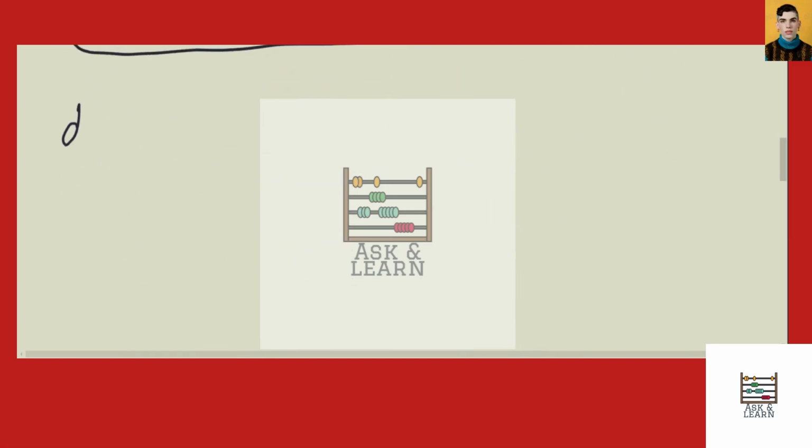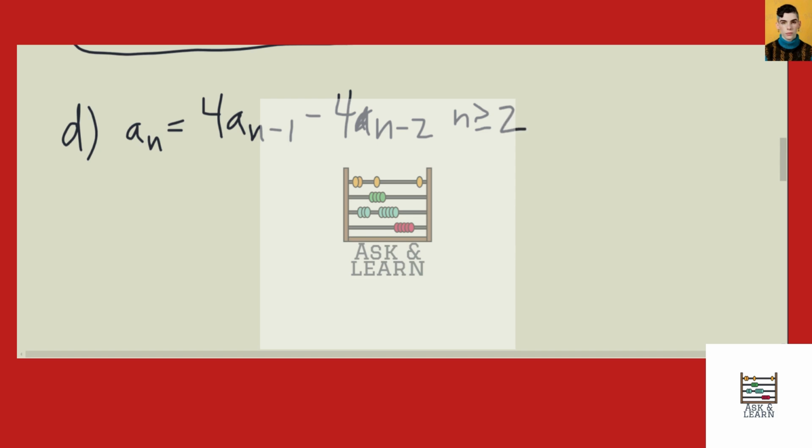In part D, we are given the linear homogeneous recurrence relation a_n = 4a_{n-1} - 4a_{n-2} for n greater than or equal to 2, and we're given the initial conditions a_0 equals 6 and a_1 equals 8.